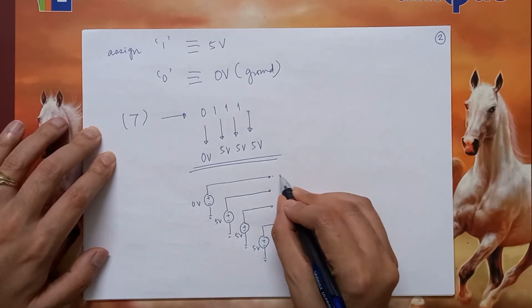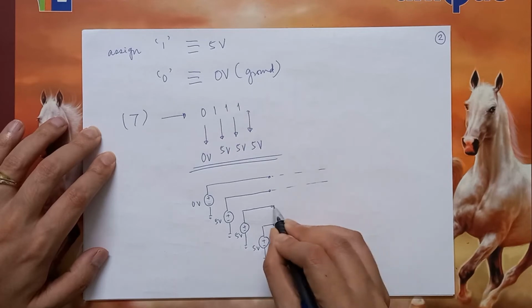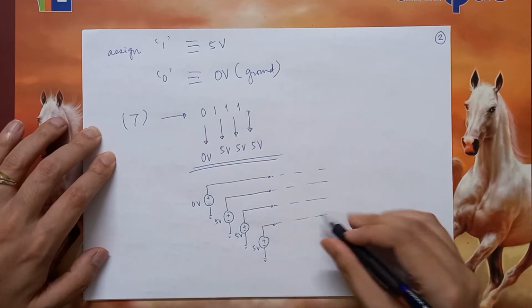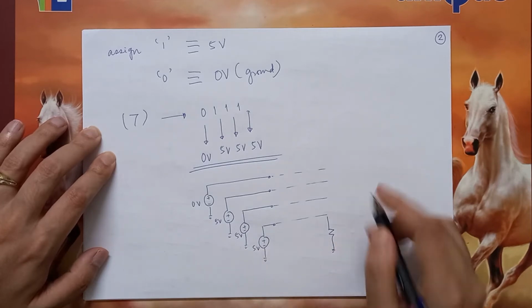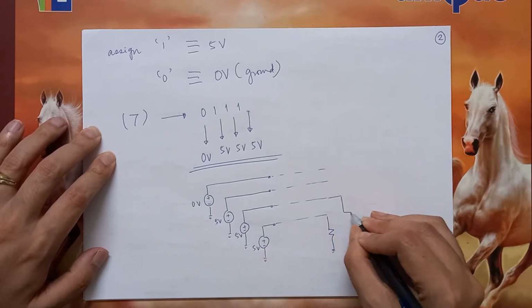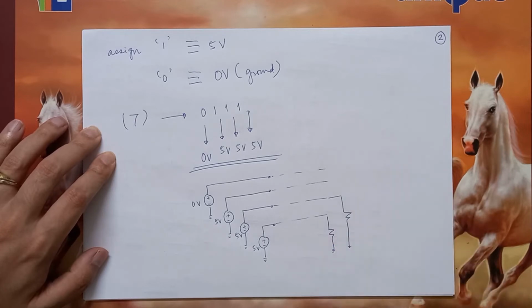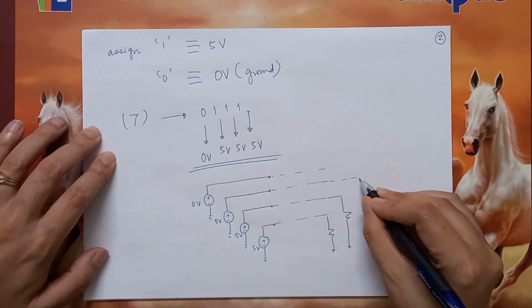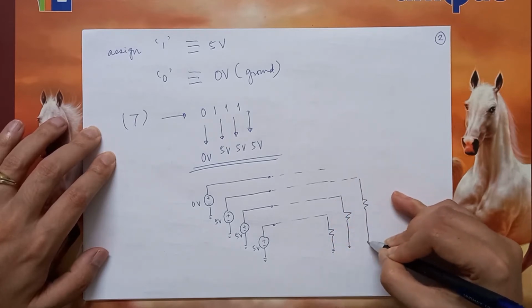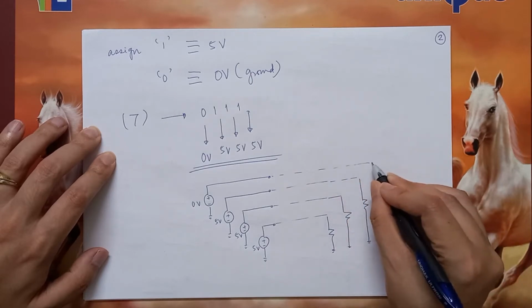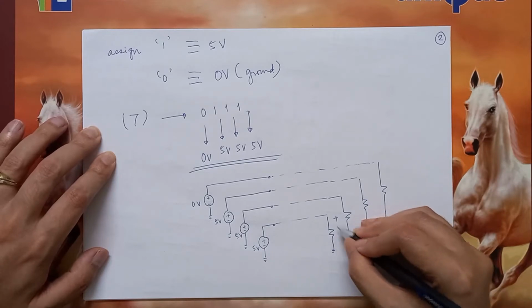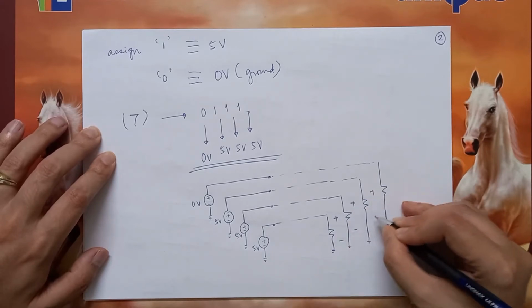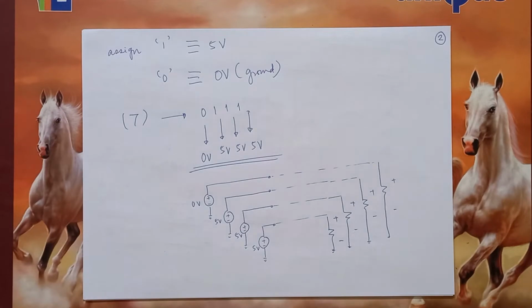So now you could actually connect them to any circuit that you want. If you connect a resistor over here, you will see 5 volts across this resistor. You connect another resistor over here, you will see 5 volts over here. So essentially, the voltages across the resistors will tell you whether it is logic 1 or logic 0.